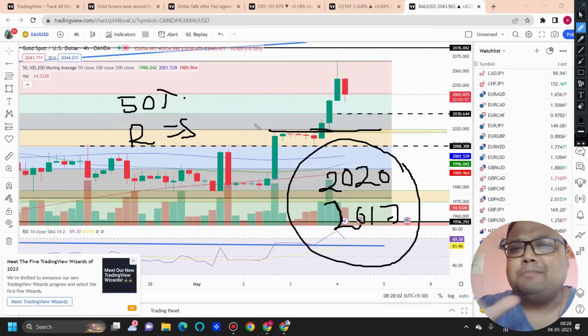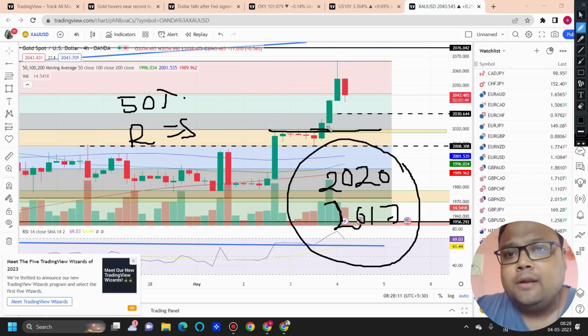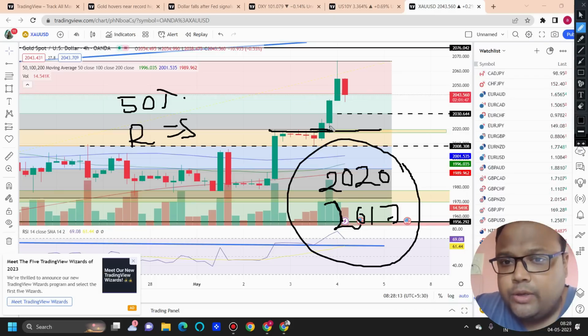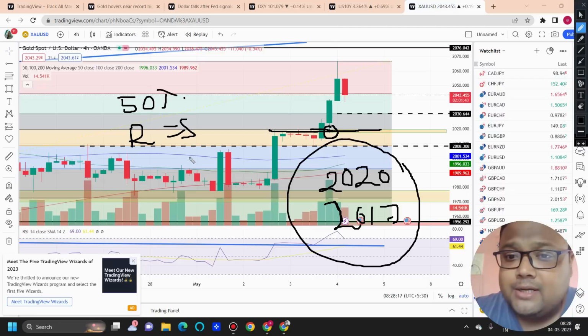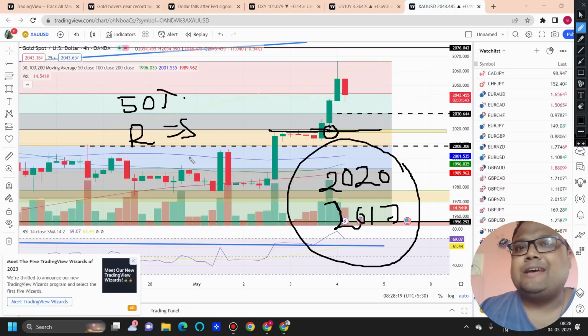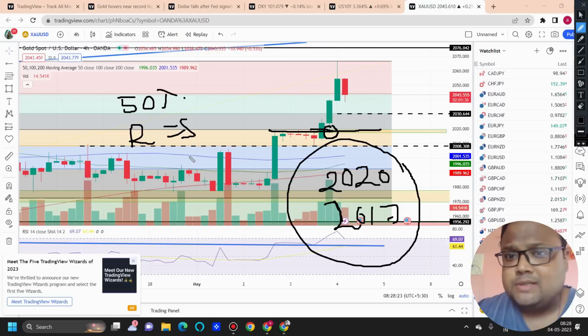Before news, 2020 acted as a temporary resistance for almost 24 hours. So as a result, previous resistance may act as support, and around 2070 we could also see price rejection. Okay, so if we combine all the factors, 2020 2017 also looks like a support to us.